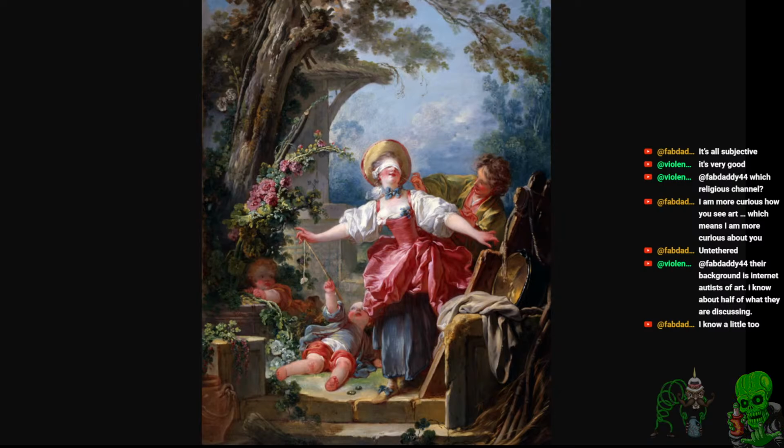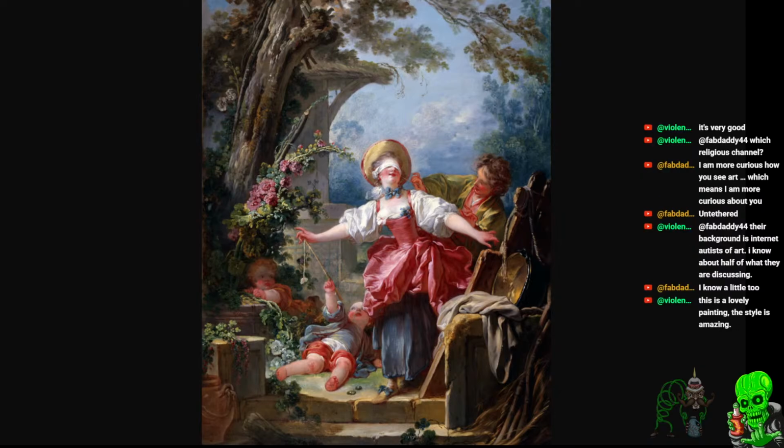Because this definitely has the Rococo style that he would have learned from Boucher, and has the sweeping curves, the highly detailed flowers.